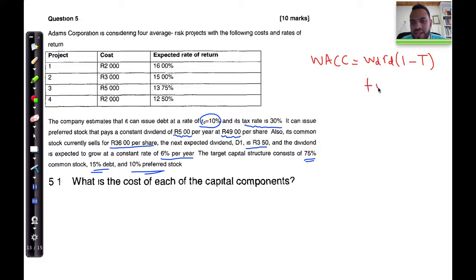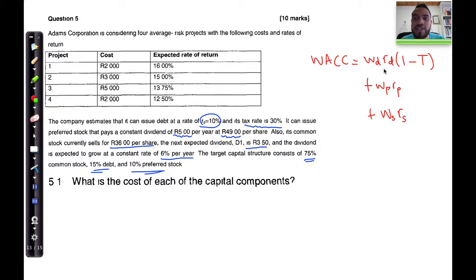We then add the weight assigned to preferred stock, which is WP, multiplied by KP or RP, whatever you want to call it, which is the rate at which preference stock investors need to be repaid, or the return that they expect. And then finally, we have the weight of retained earnings, WS, or new equity, multiplied by RS or RE, right?